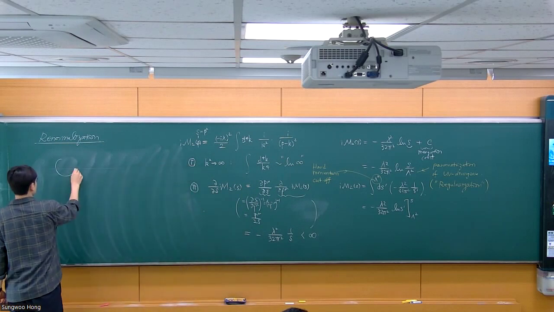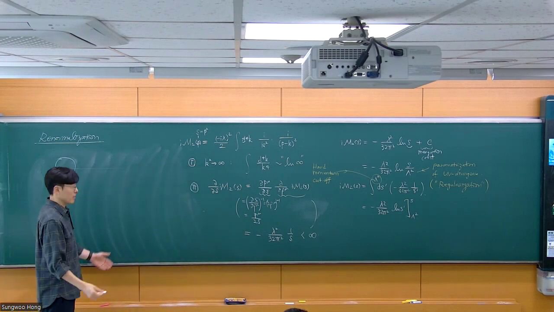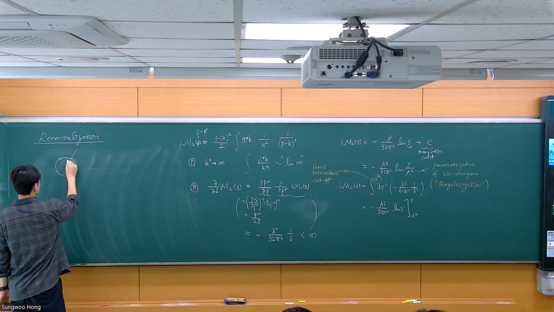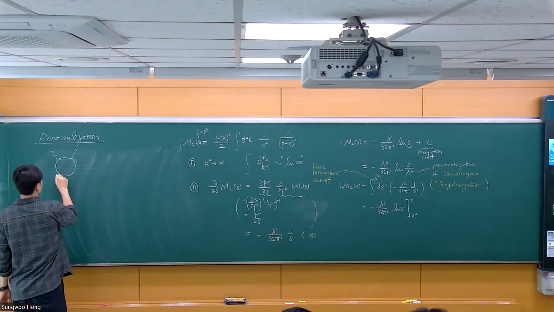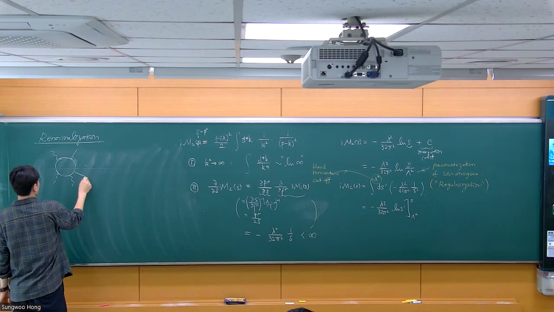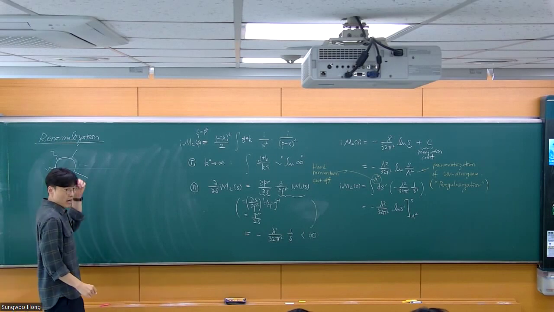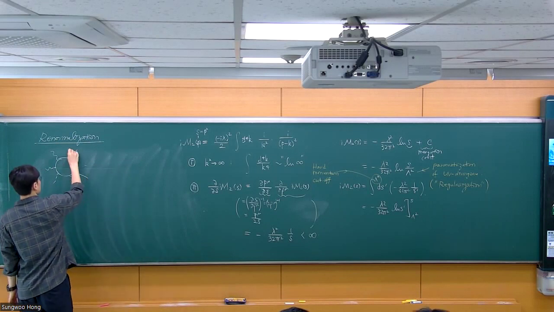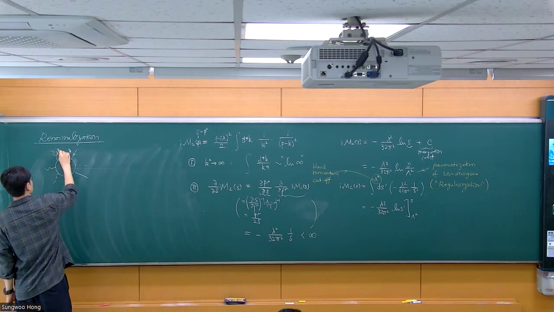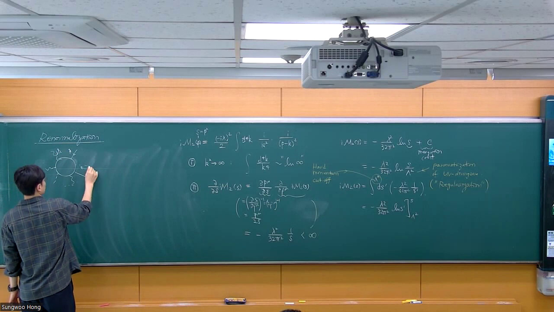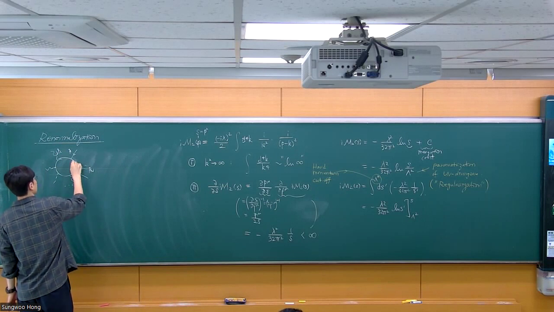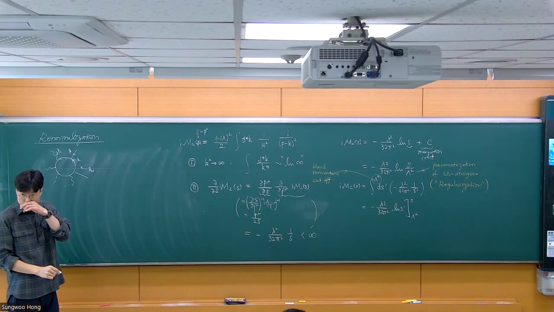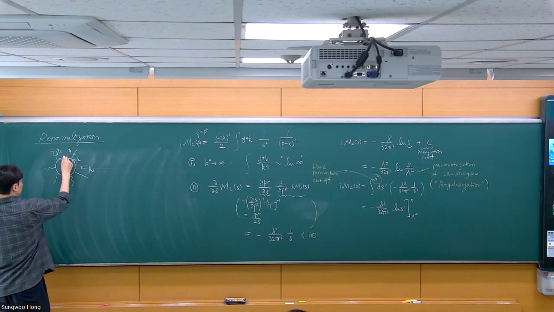Suppose I have a general one loop diagram. I can have some fermion, some scalar, all kinds of complicated one loop diagrams like so. There's incoming momenta P1, P2, and so on, all the way up to Pn, and suppose I have a loop momentum K. Then this will become P1 plus K, P1 plus P2 plus K, and so on and so forth.